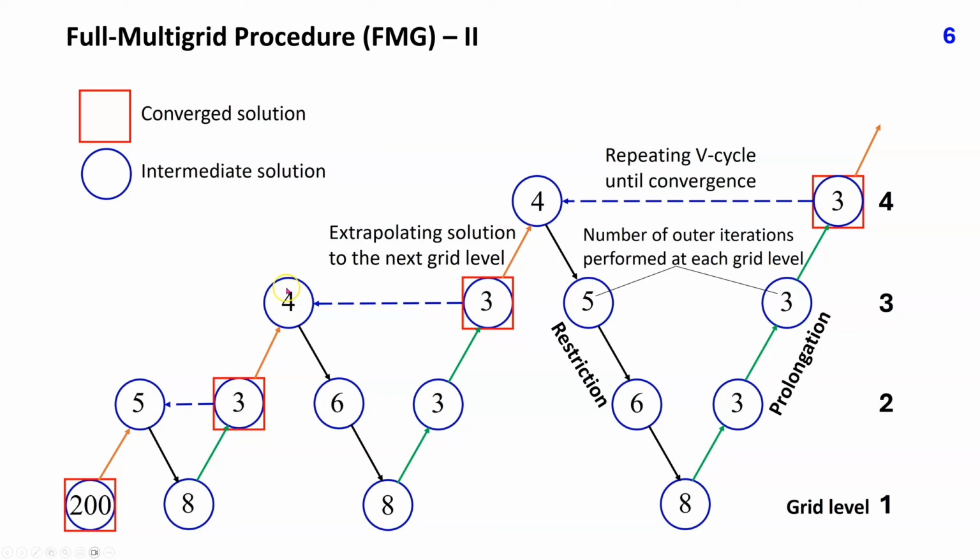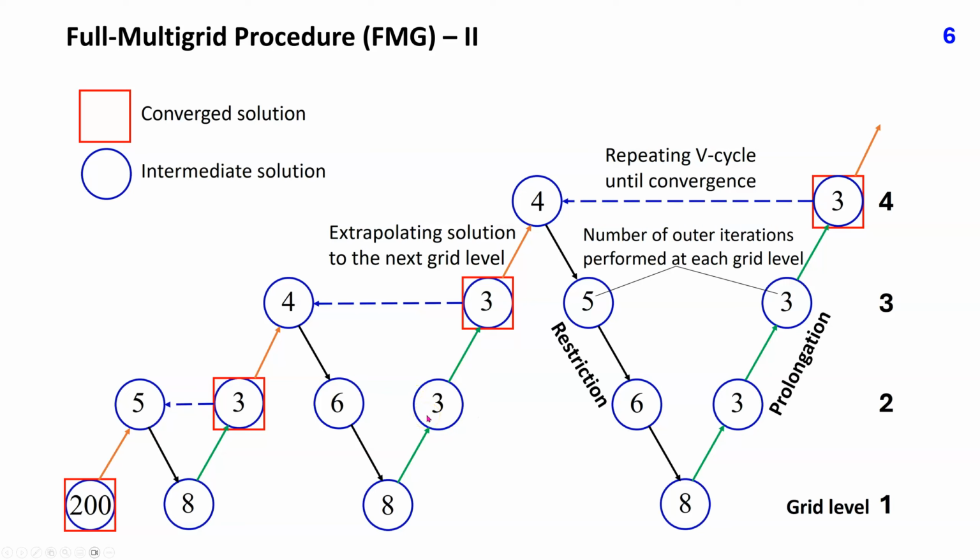Now 4 outer iterations on grid level 3 are performed before restricting the residuals and the velocities to grid level 2, where 6 outer iterations are performed. The solution and the residuals are then restricted to grid level 1, where 8 outer iterations are performed before prolonging the corrections to grid level 2. The corrections are added to the prevailing solution on this level and 3 outer iterations are performed.